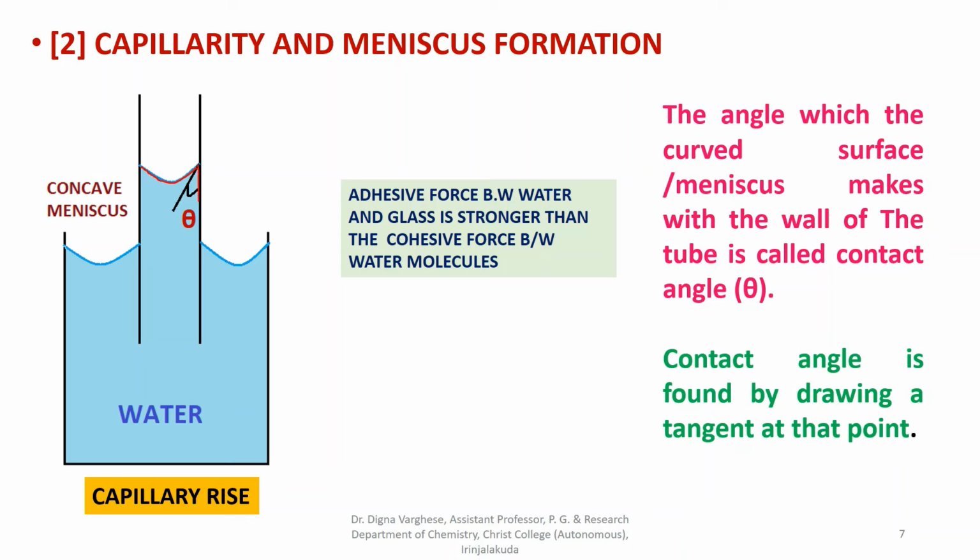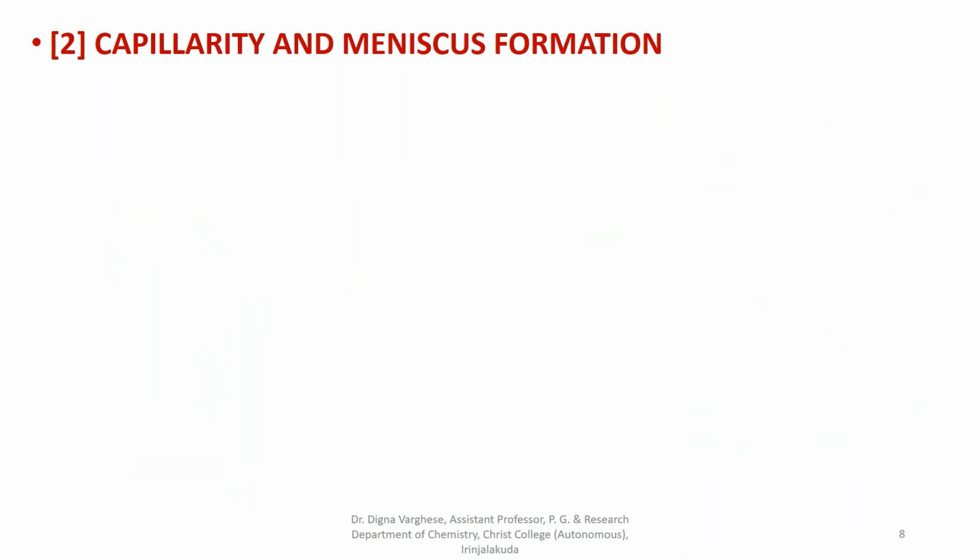There is a tangent drawn at that point, and this angle is what we call the angle of contact. For capillary rise shown by wetting liquids, theta is always less than 90 degrees.